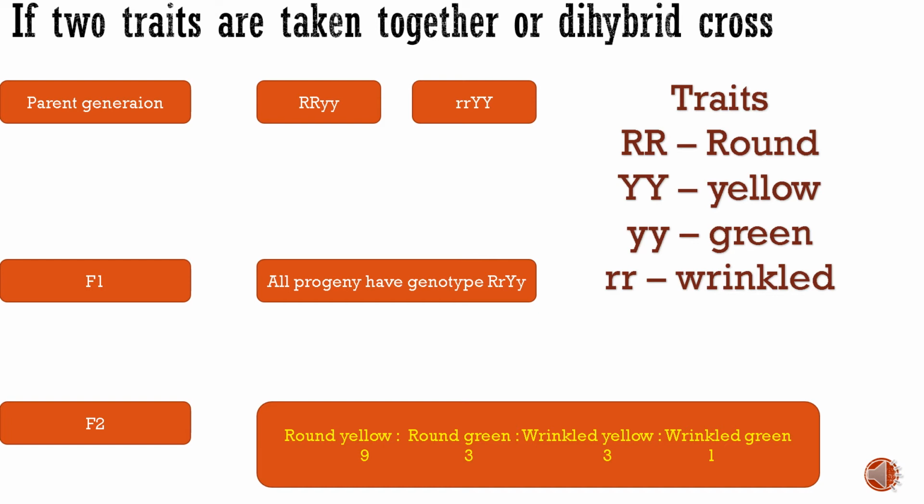The result was that all progeny have the same genotype, that is, round and yellow pea plants. However, in the second generation, the ratio was 9 to 3 to 3 to 1, which basically means 9 round yellow plants, 3 round green plants, 3 wrinkled yellow plants, and 1 wrinkled green plant was observed.